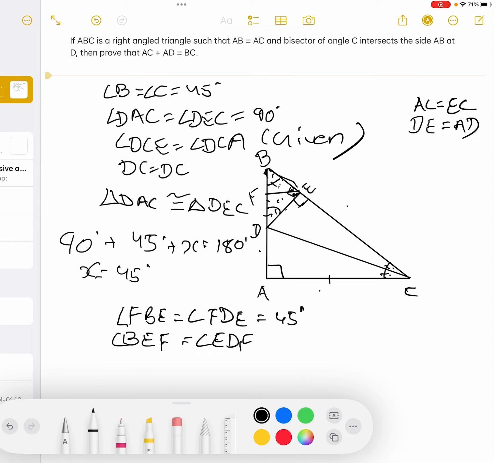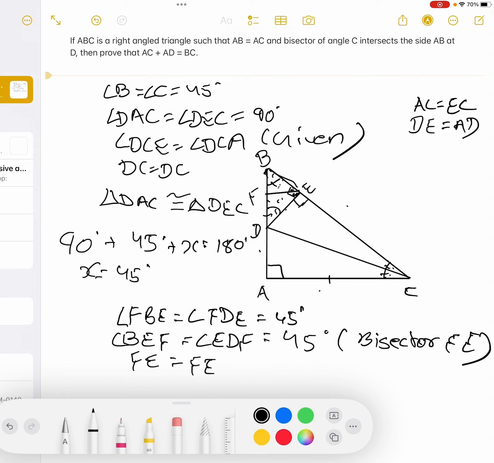Because this FE was a bisector of this angle. So that is equal to 45 degrees, as it was a bisector. And finally FE is equal to FE, that is a common side.